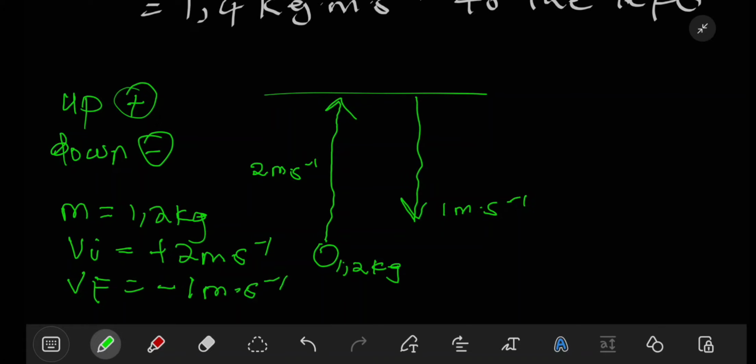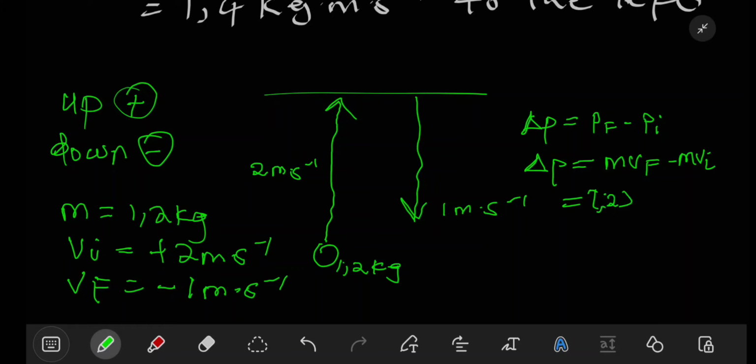If we were to calculate the change in momentum, we say change in p is equal to p final minus p initial. So our change in p will be equal to m v final minus m v initial. You can write it this way: 1.2 multiplied by the final velocity, which is negative 1, and then you subtract, and our mass is still the same, 1.2, times our v initial, which was positive 2 meters per second.